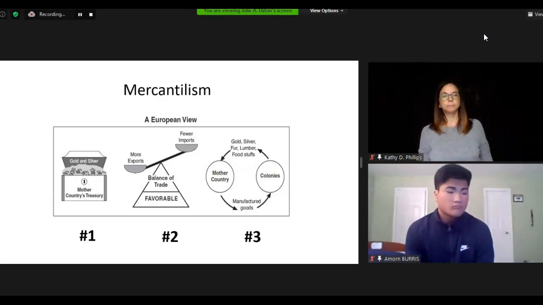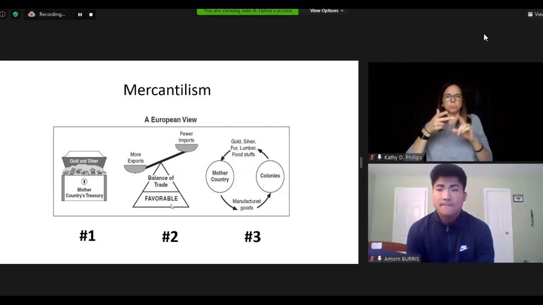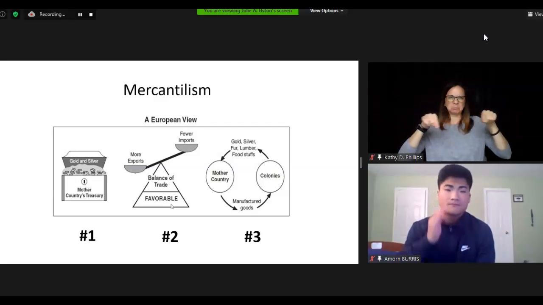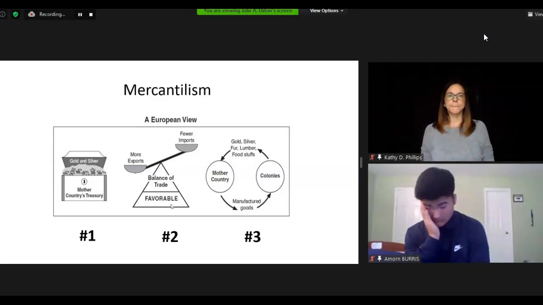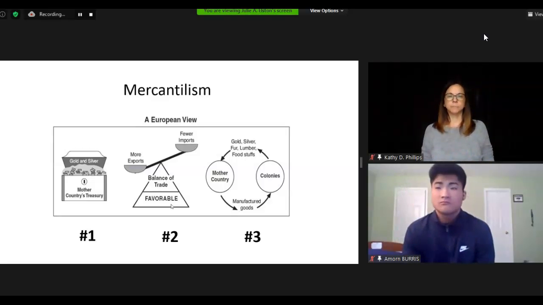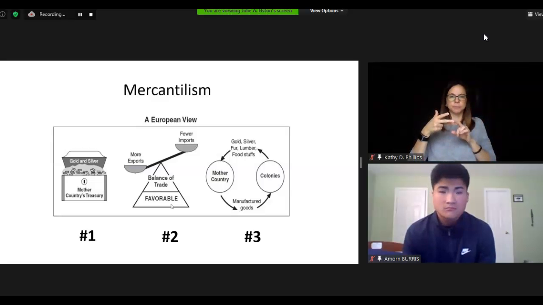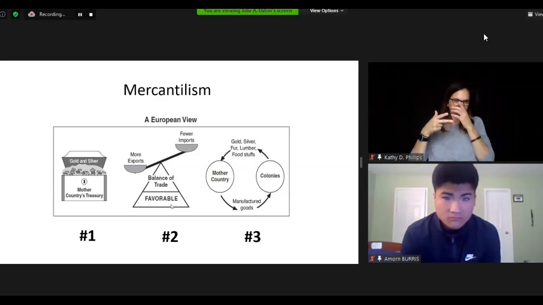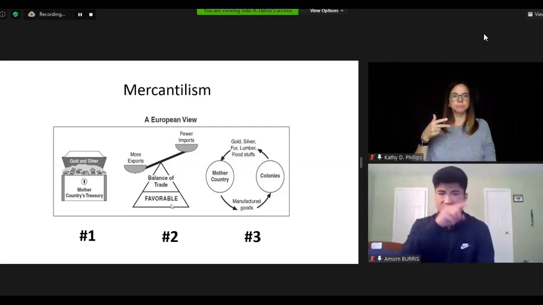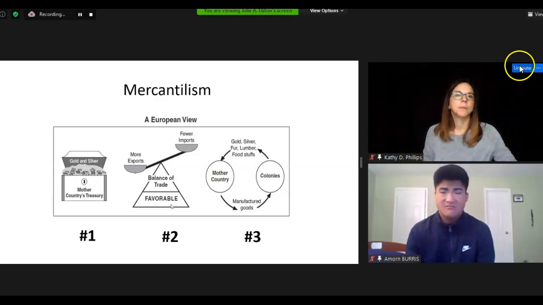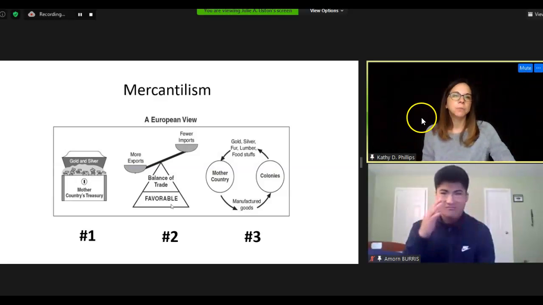All right, who wants to take a look at the third one? What do all those circles mean? What's happening in that picture? They are connected.